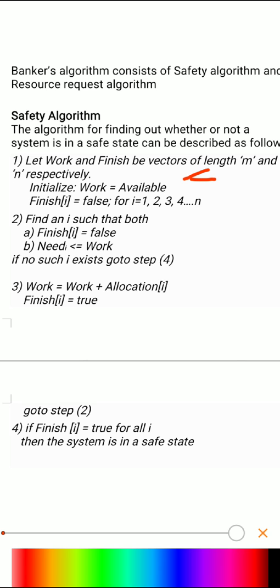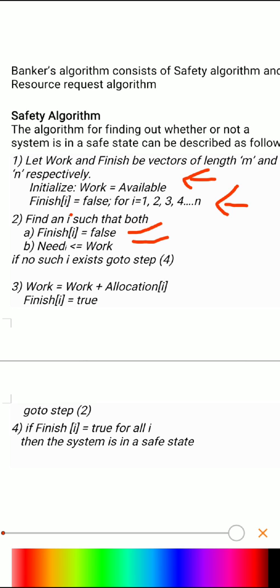So here we are going to consider work equal to available, and finish of i, that is whether the process has completed its task or not. So we are going to find an i such that finish of i is false, that is the process has not completed execution, and the need of that process is less than or equal to work.